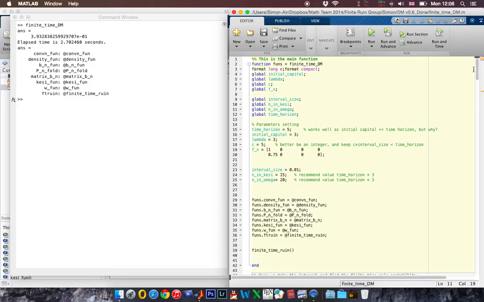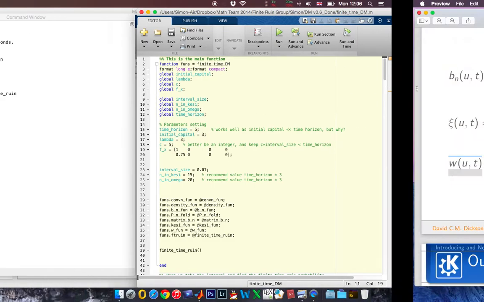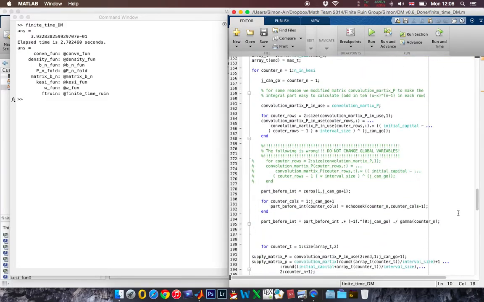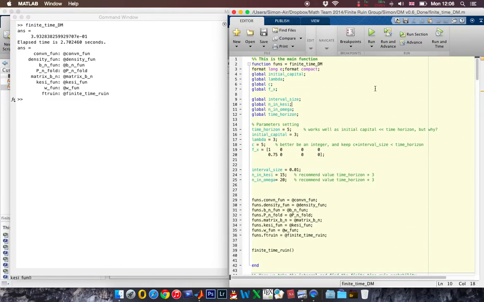So we implemented this algorithm in Matlab with functions after functions. Let's try to do this in a very computerized way. The first is the main function, which basically does nothing but declare all of the parameters here.